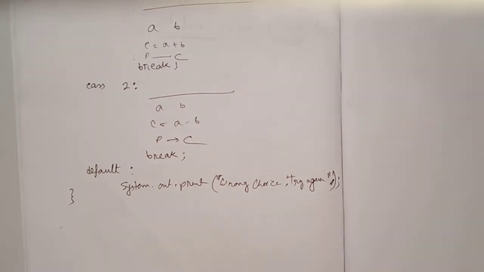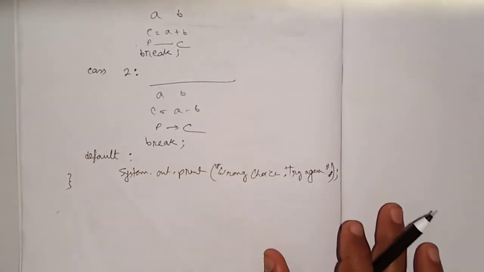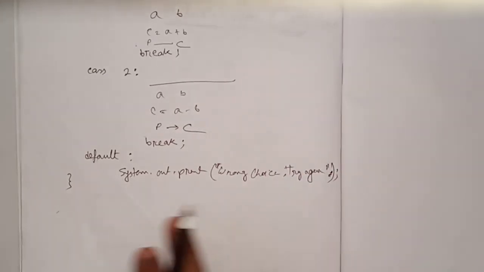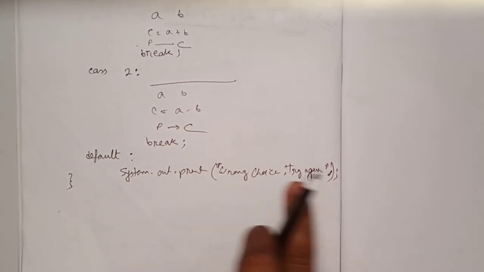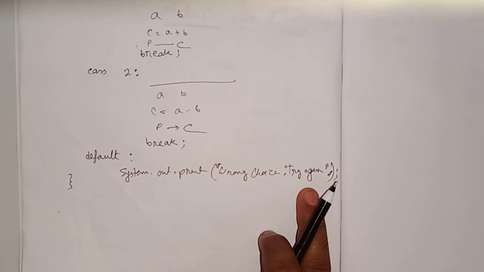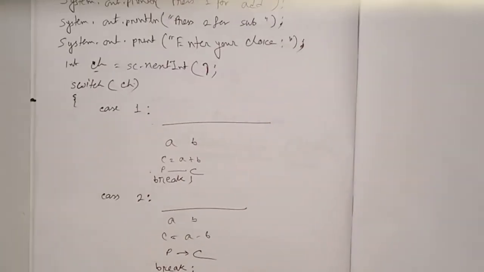Then close this bracket. So the default means if we do not provide a correct option, then this message will appear. And this is the way to write the entire switch case.